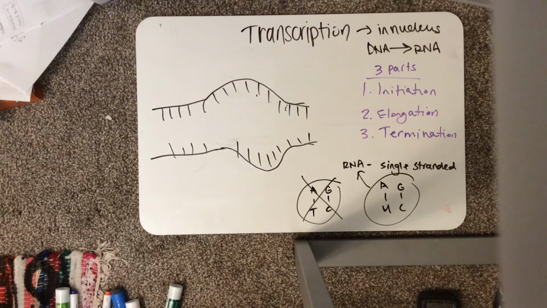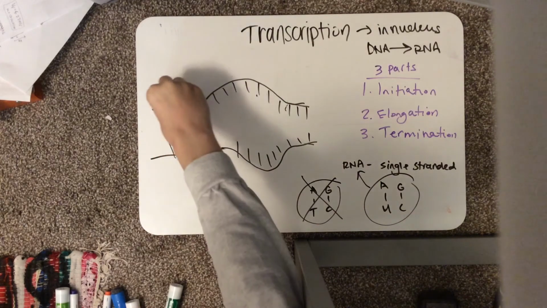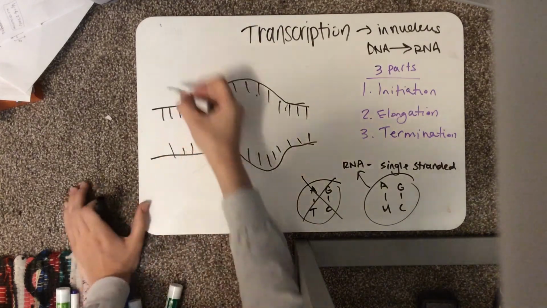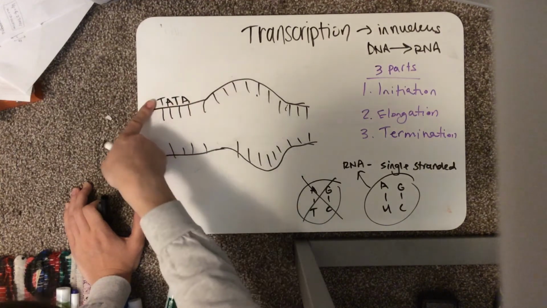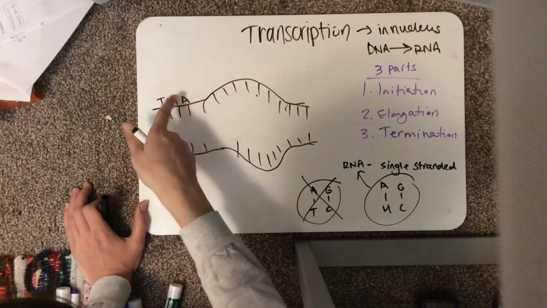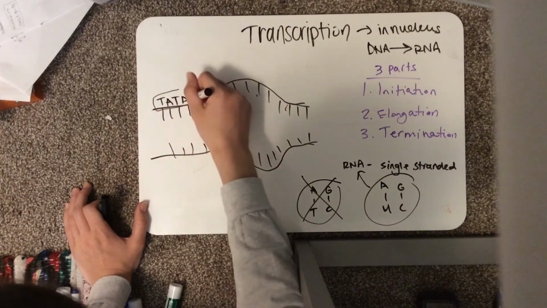So for transcription, the first step is that transcription factors, or proteins, are going to bind to this strand of DNA. There's a fragment of DNA that has the nucleotides TATA, and we call this the TATA box.